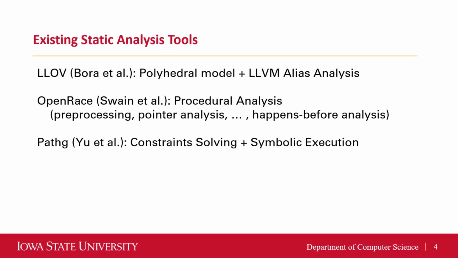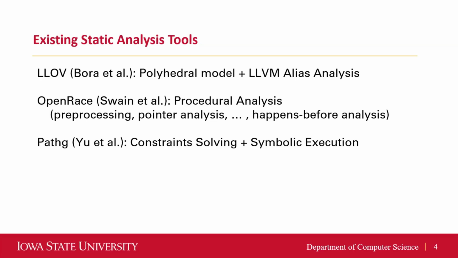If the parallel for loop is not affine, then it will resort to LLVM alias analysis to detect the data races. And there's also OpenRace, which uses interprocedural analysis. They do preprocessing, pointer analysis, function summarization, and all the way up to happens-before analysis on the LLVM IR to check whether there's a data race or not.